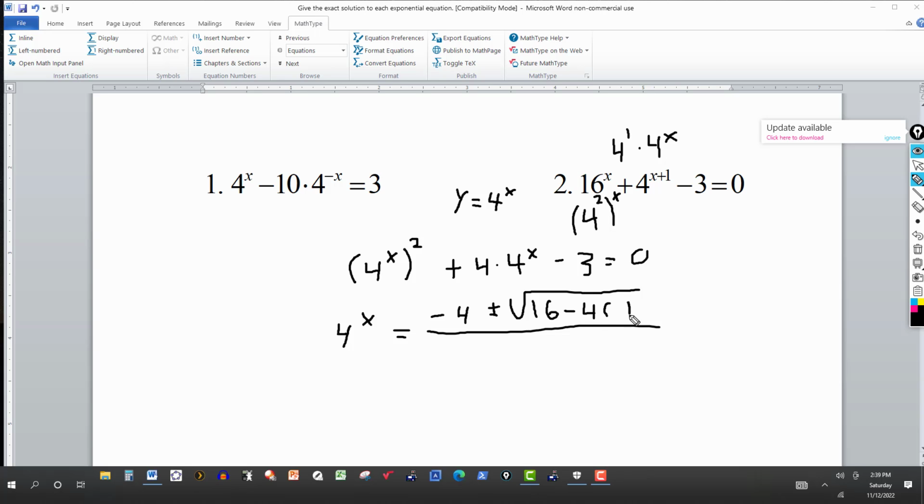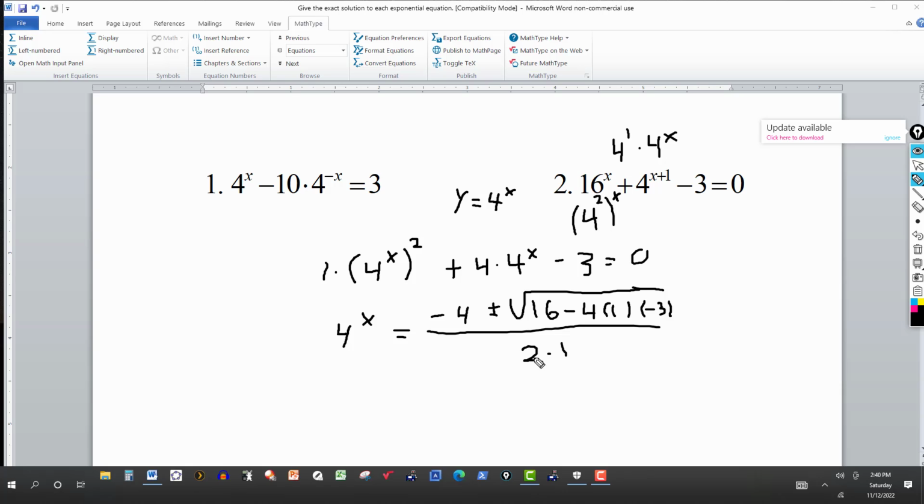A is the coefficient of the squared term, which is understood to be 1. And C is the constant term right there. It's negative 3. And then the denominator is 2 times A. A, the coefficient of the squared term, is 1, so this will be a 1.